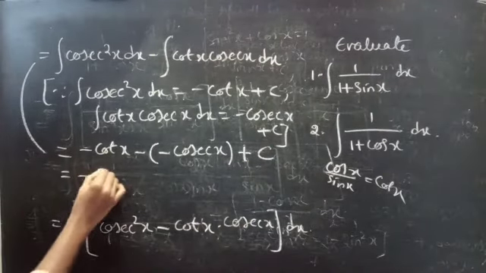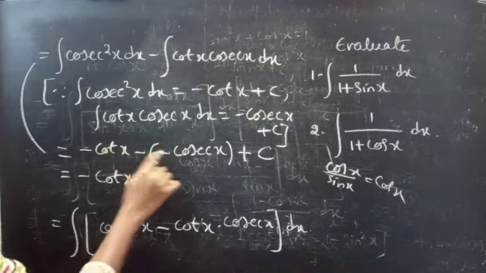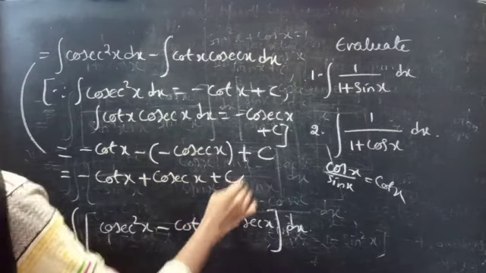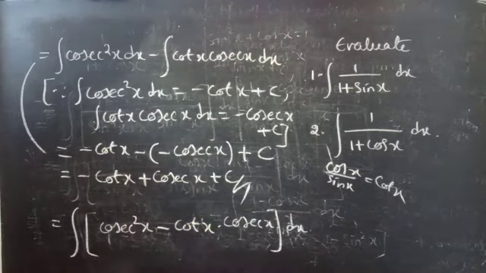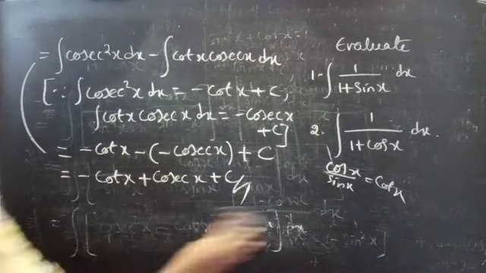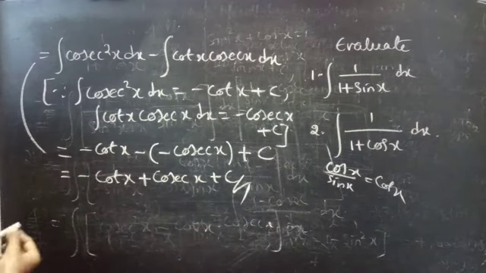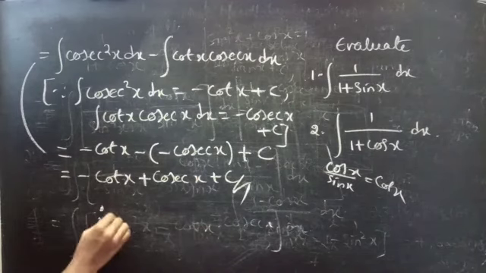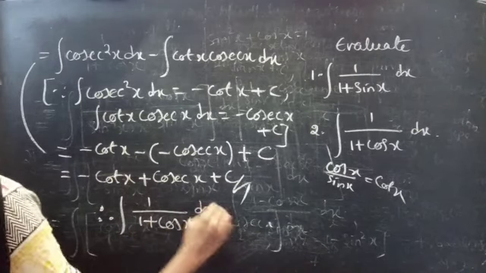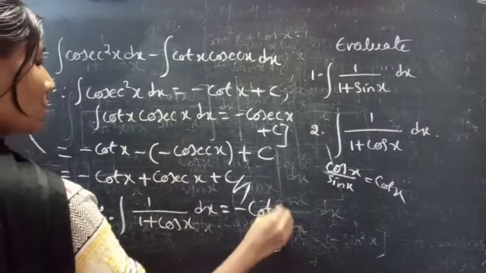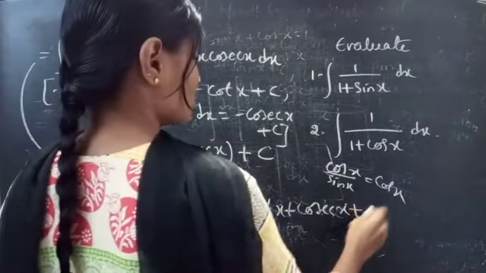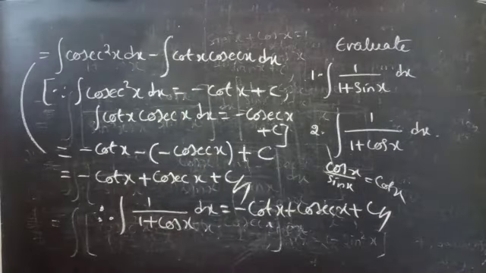So this equals minus cot x plus cosecant x plus c. Therefore the integral of 1 by 1 plus cos x dx equals minus cot x plus cosecant x plus c. So this completes the problem.